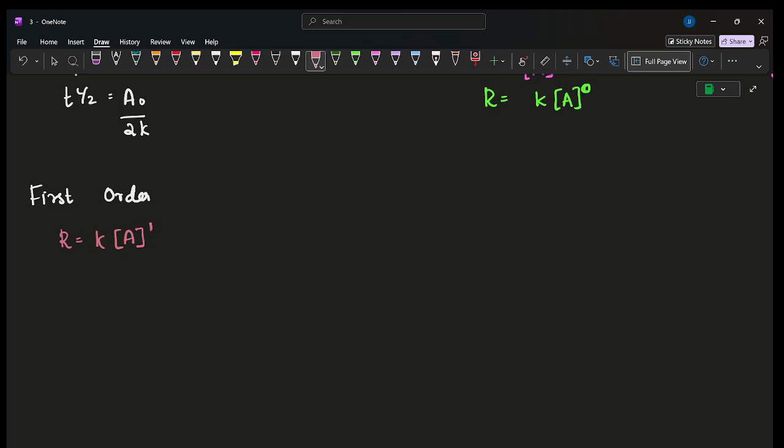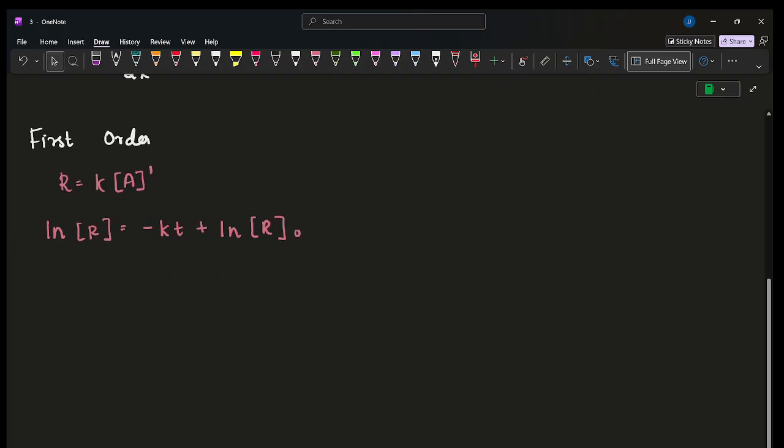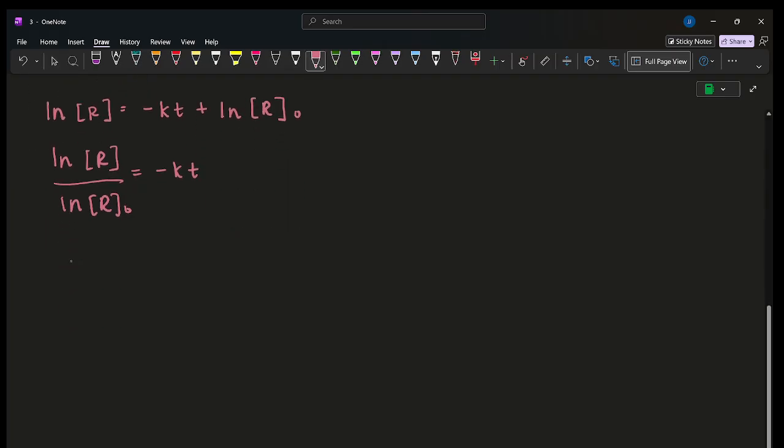And I could do ln R is equal to minus kt plus ln R naught, or I could do e power minus kt as R by R naught.